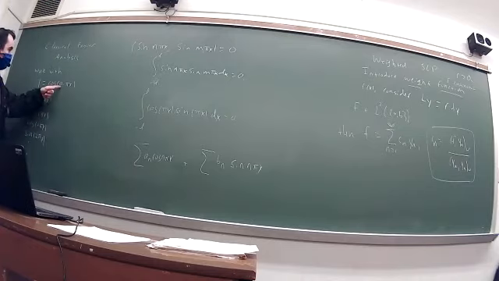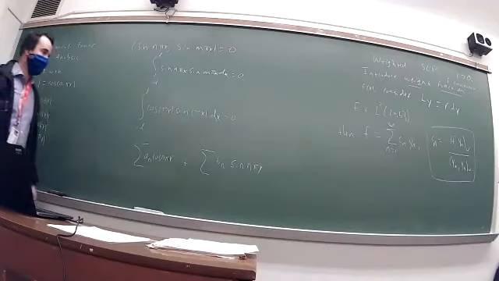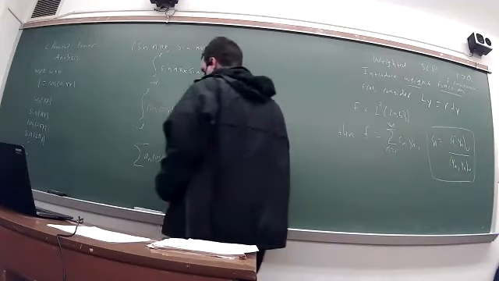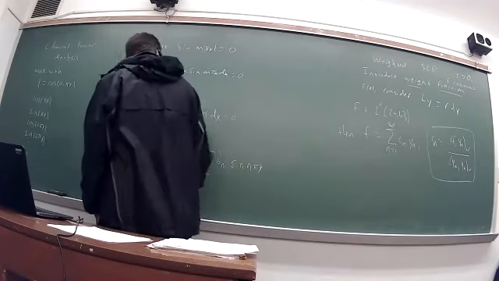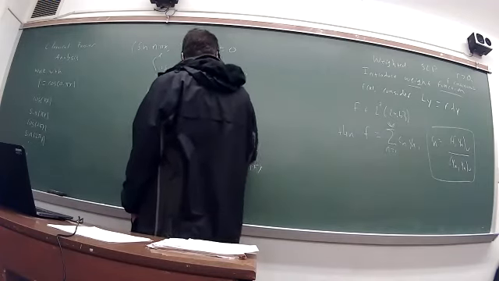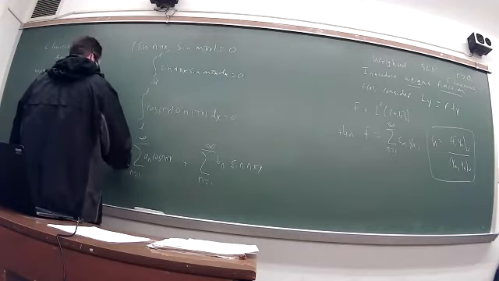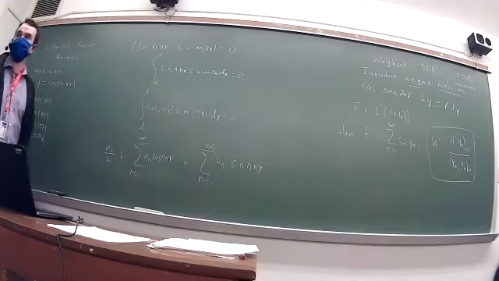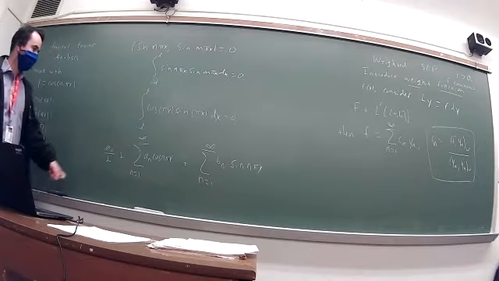So for cosines you want to start with 0, and for sines you want to start with 1. And so the way you handle that is you just start this series from 1, and then just include the cosine 0 term.